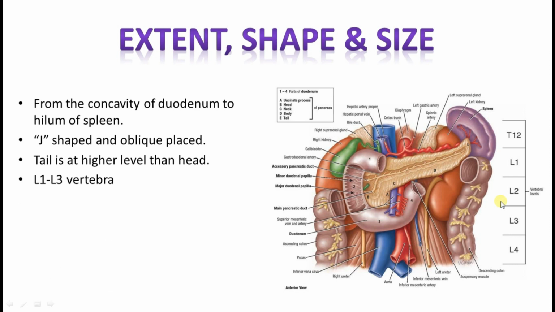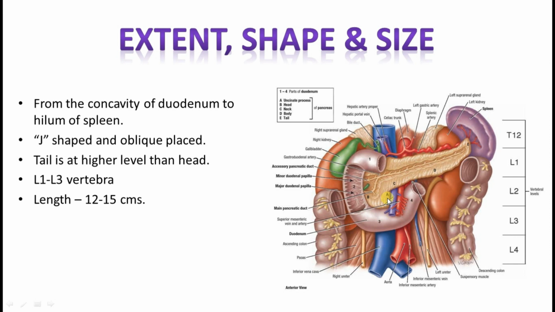It is the shape of a retort flask, or you call it a retort shaped organ. So the base of the retort is the head of the pancreas, and then you have a narrow extension from the head. I hope many of you would have seen the retort flask in a chemistry lab.